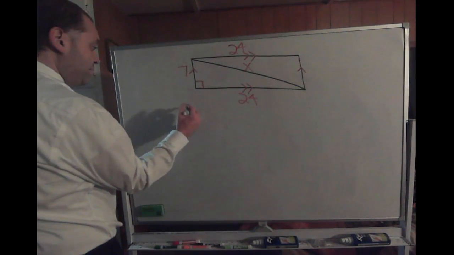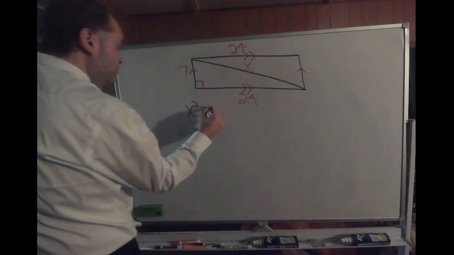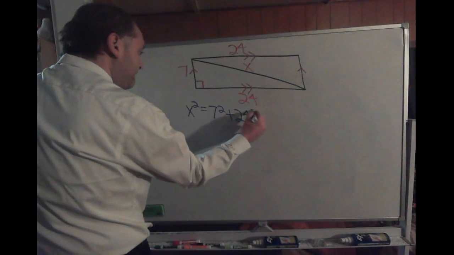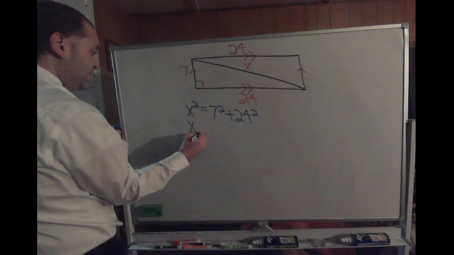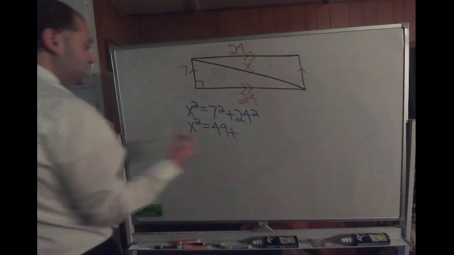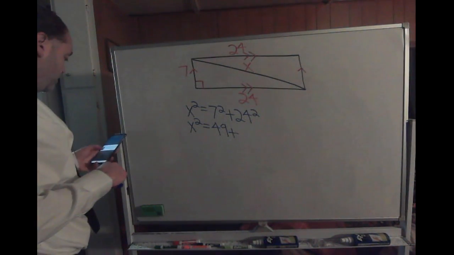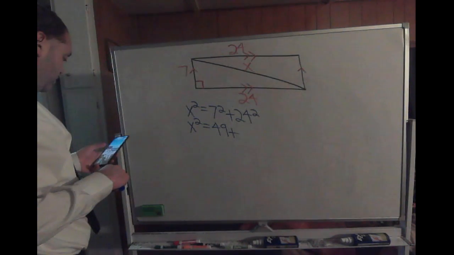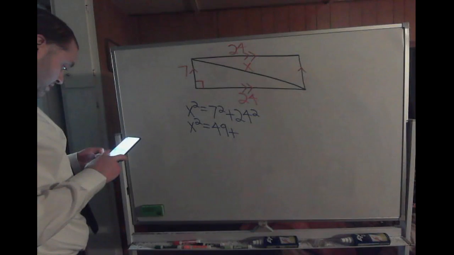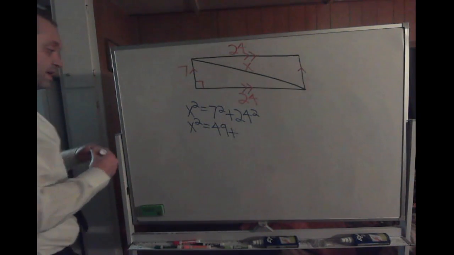This would make that hypotenuse x squared equal to 7 squared plus 24 squared, which would have to mean that x squared equals 49 plus whatever 24 squared is. I know what 25 squared is, I just don't know what 24 squared is off the top of my head. It's 576, okay.